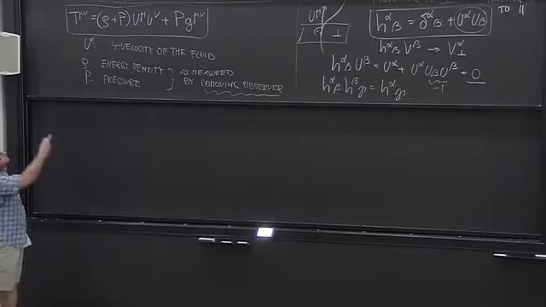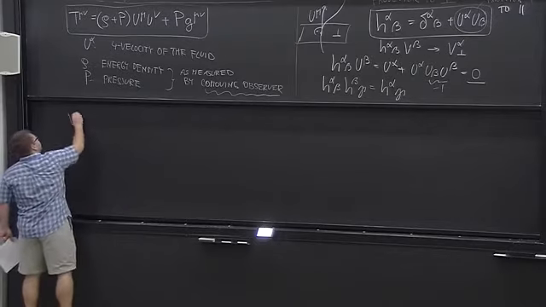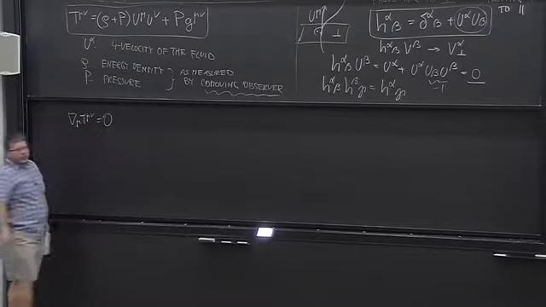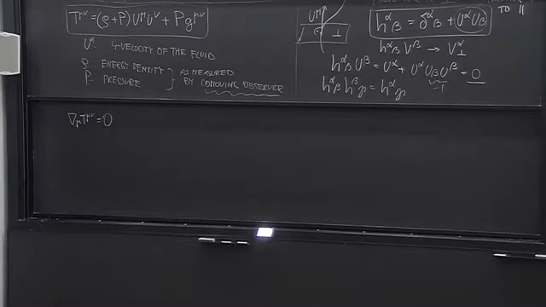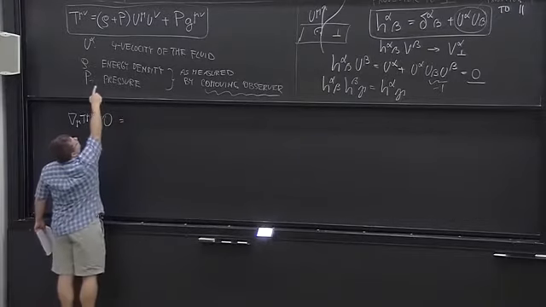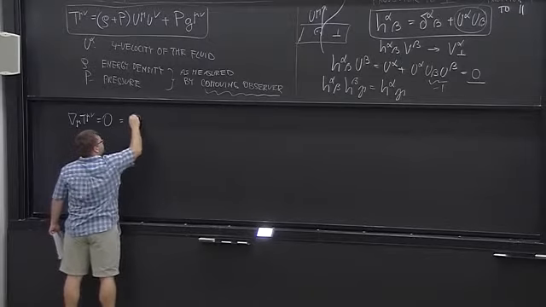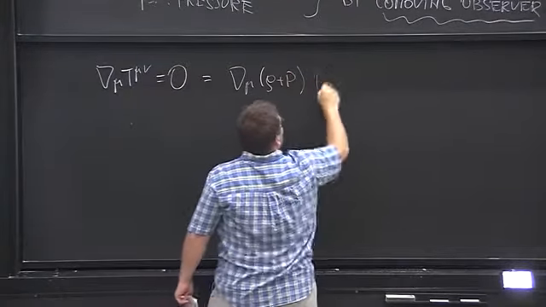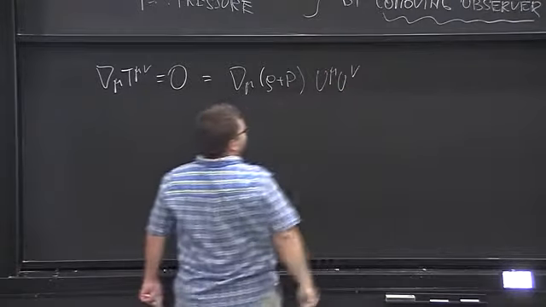So okay, now let's have a look at what this nabla mu T mu nu is. We require that this is equal to 0. And we have quite a few terms, right? First, we differentiate this rho plus p: nabla mu on rho plus p, and then we leave u mu u nu.